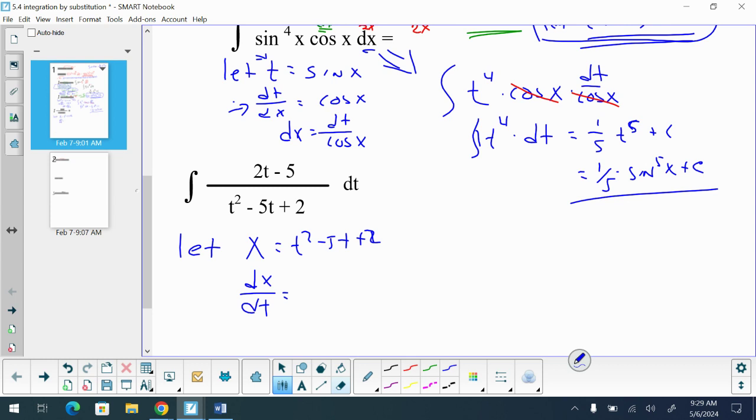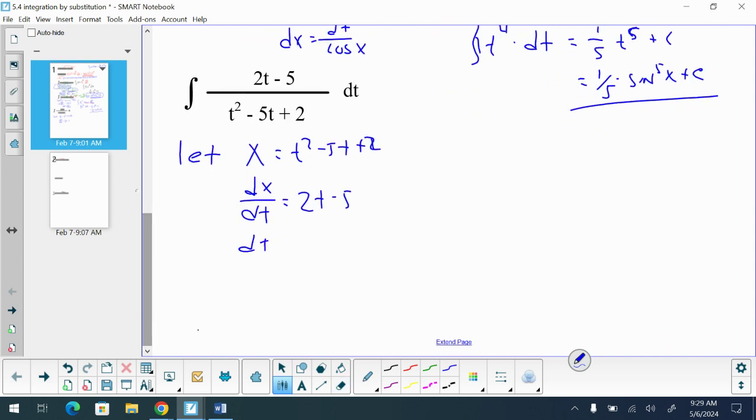So we take our derivative of x with respect to t, so we should get 2t minus 5. Then dt, we can switch these two once again. We get dt equals dx divided by 2t minus 5. Make your substitutions.